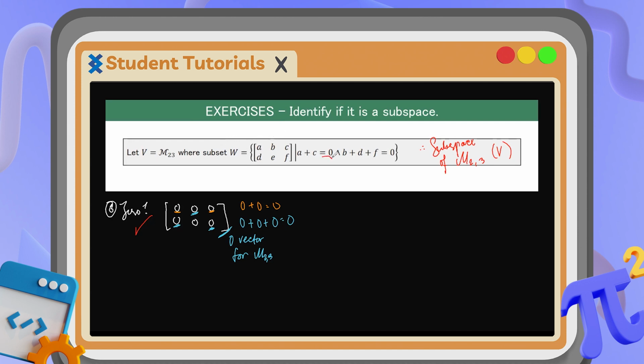So aside from equalities like this, you can also find properties such as, for example, A is greater than, let's say C, or it can be the case that A plus B should be equal to C. So some similar things like that can also appear as properties of a subset.